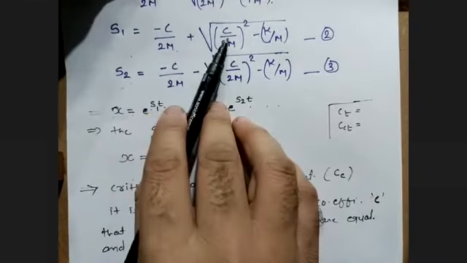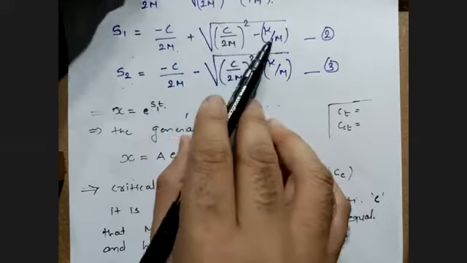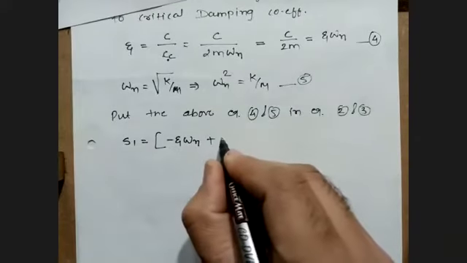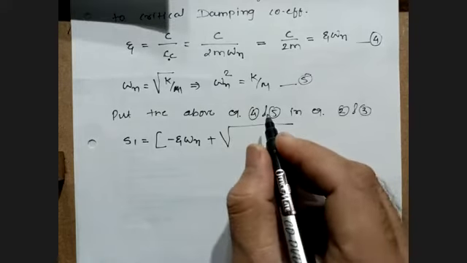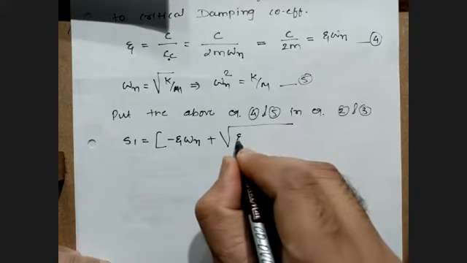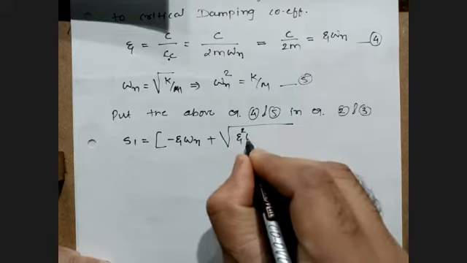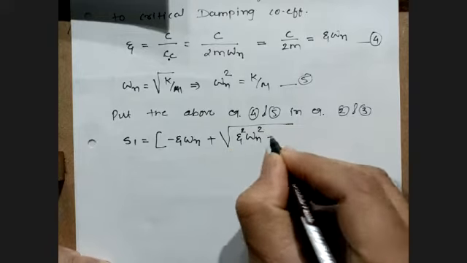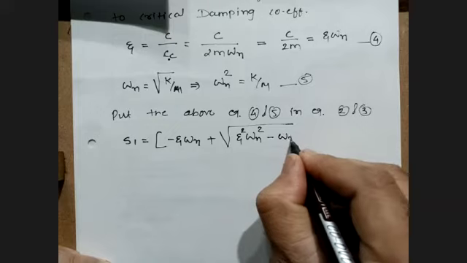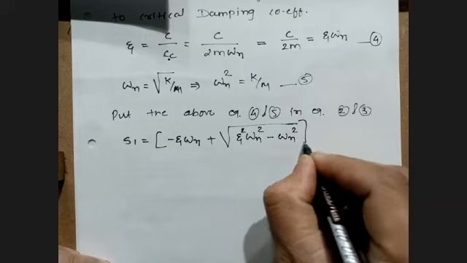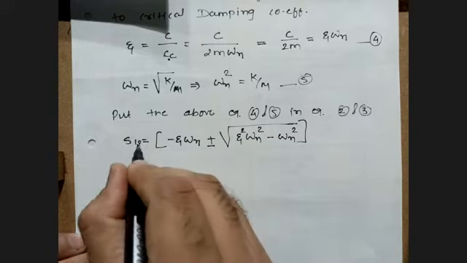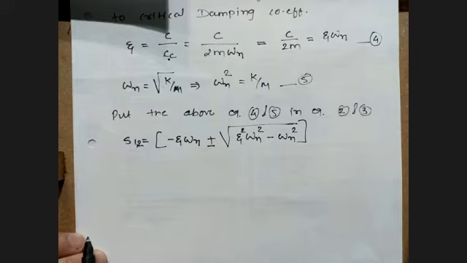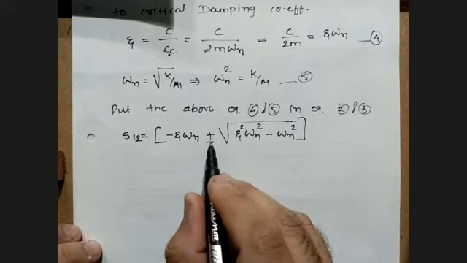Here is minus zeta omega n square minus omega n square, under root of zeta square omega n square minus omega n square. This is my S1, and if I write S1 plus or minus, it means I have S1 and S2 both. So these are my two roots S1 and S2, as plus or minus.